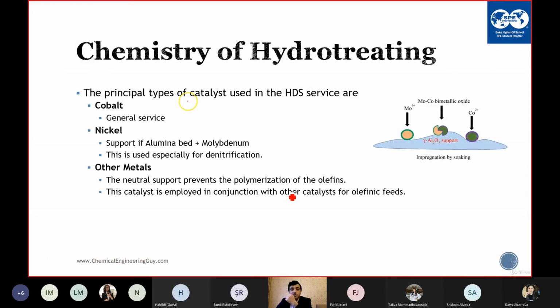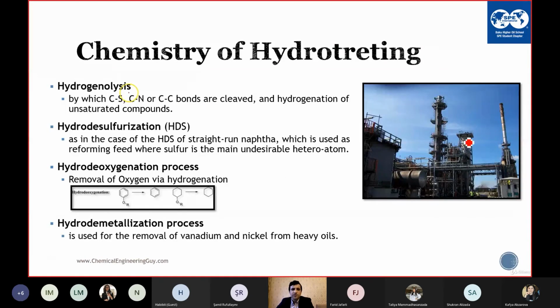So, the chemistry of hydrotreating: we use a catalyst. The catalyst is a cobalt molybdenum catalyst on an aluminum oxide support. This is used mainly for hydrotreating processes. So you have hydrogenolysis, hydrodesulfurization, hydrodeoxygenation, and also hydrodemetallization reactions.